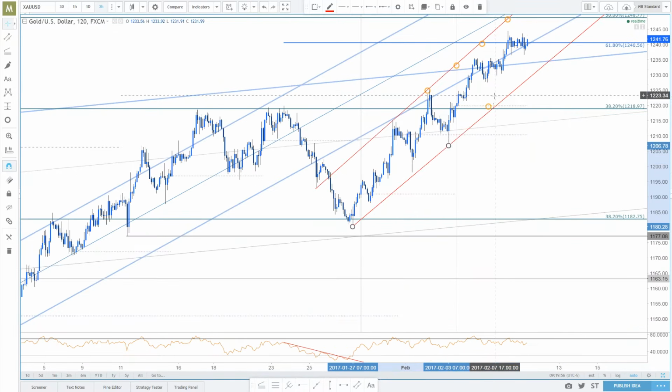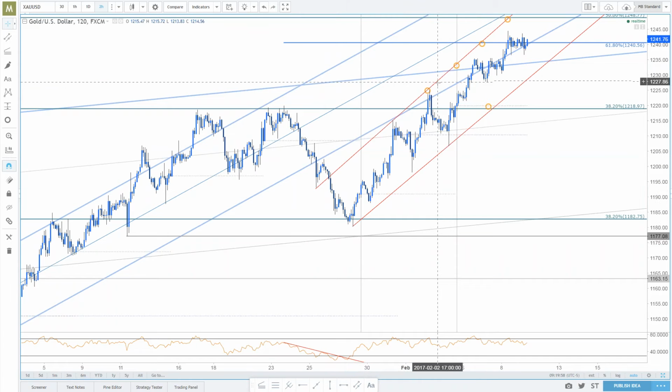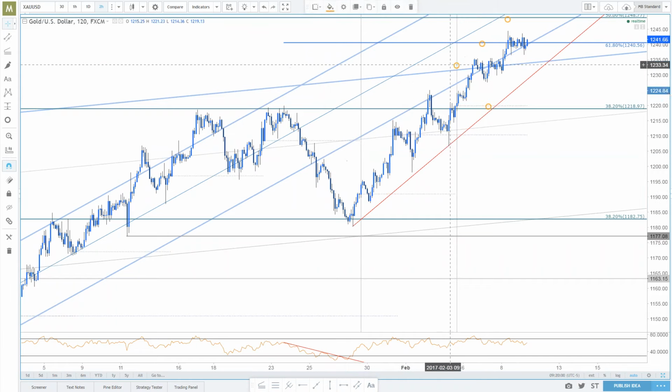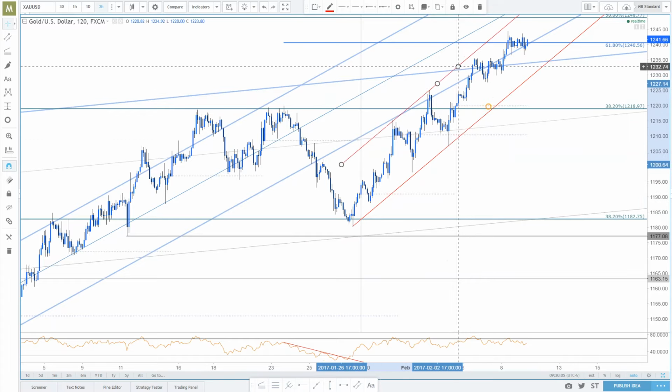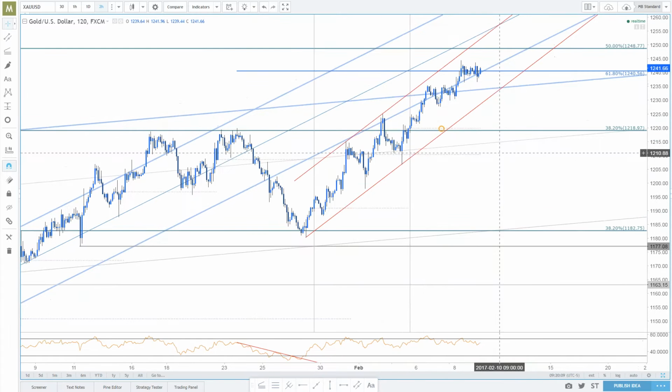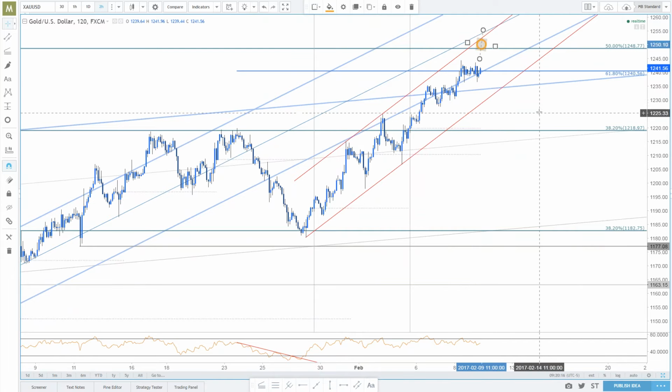My levels are all kind of geared out here, so let me just fix this for you real quick. There's 1249, kind of a zone right there you'd start to look at as a stretch high.